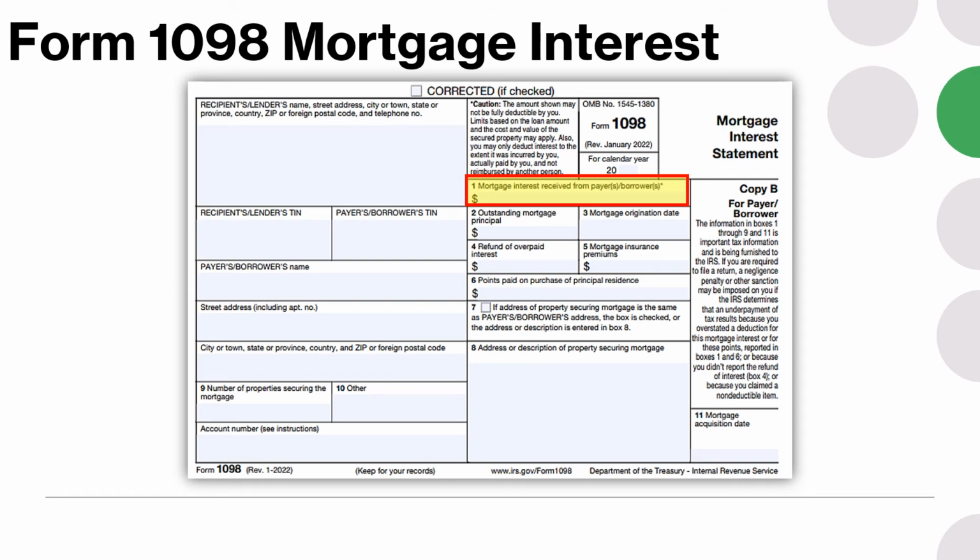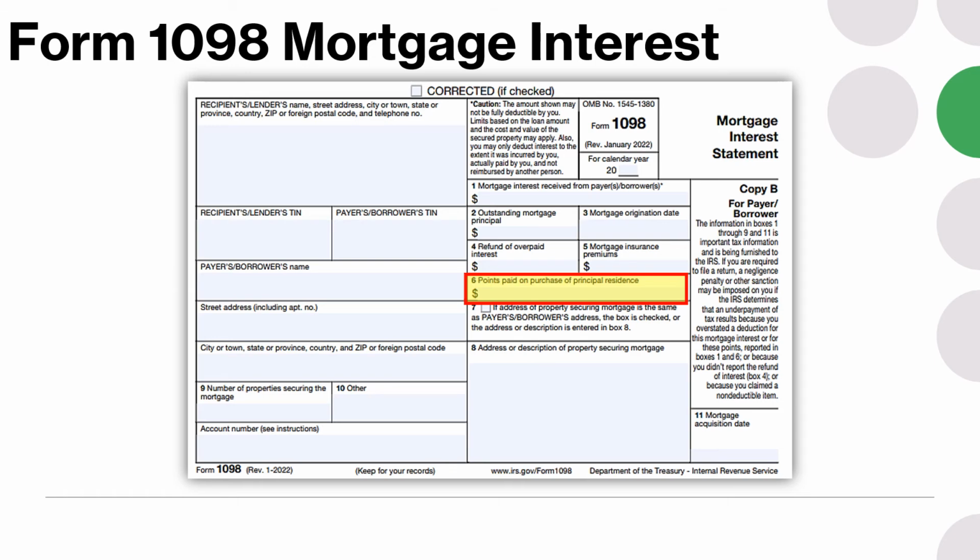It'll tell you what box number it is. And sometimes you'll see those taxes paid also on that letter. So you might see this in a number of different forms. But this is a Form 1098 mortgage interest. And you can see box 1 is where the mortgage interest that the lender received is reported.